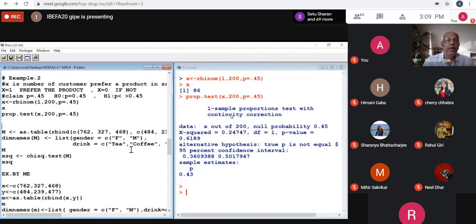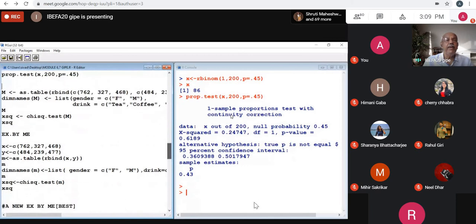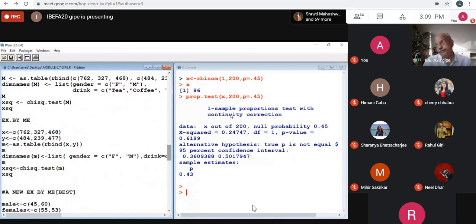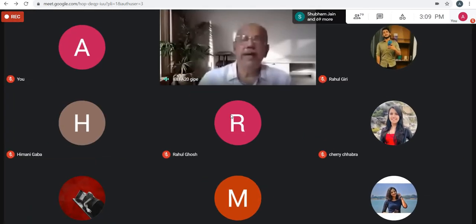So, this proportion test, like the t-test, we are repeating for several binomial data.